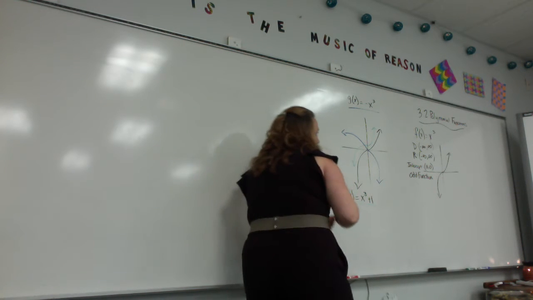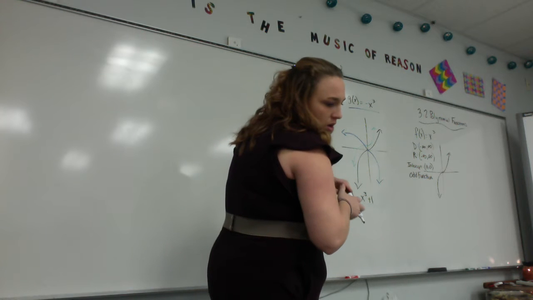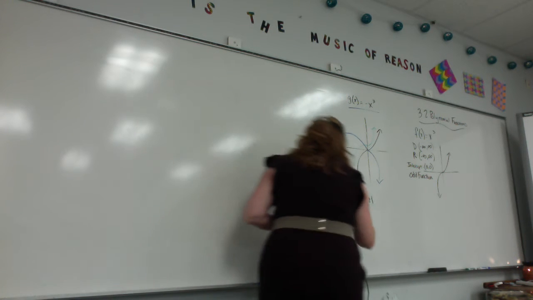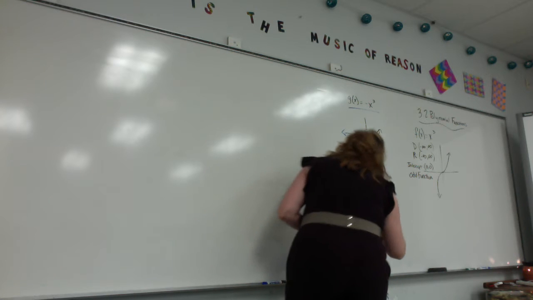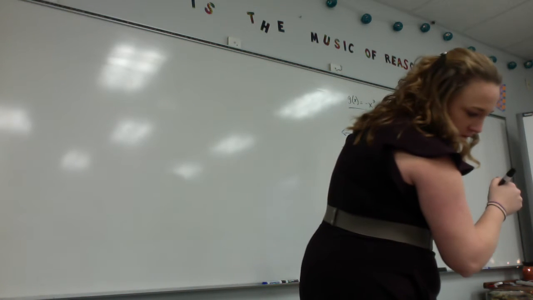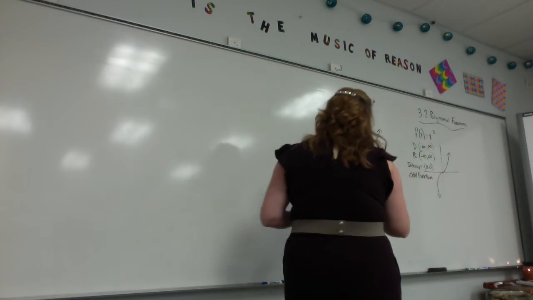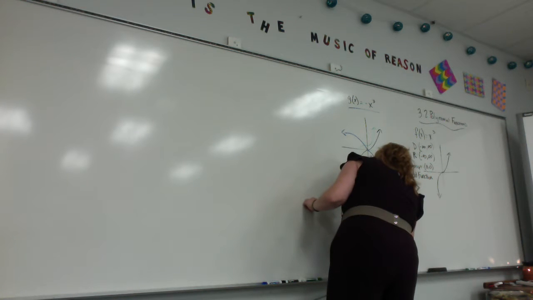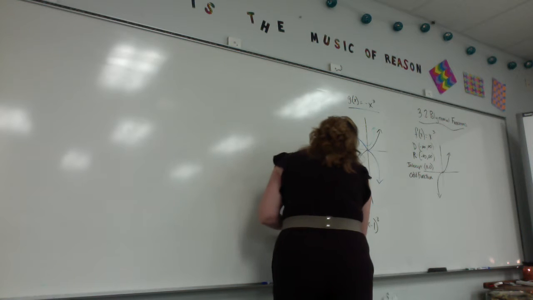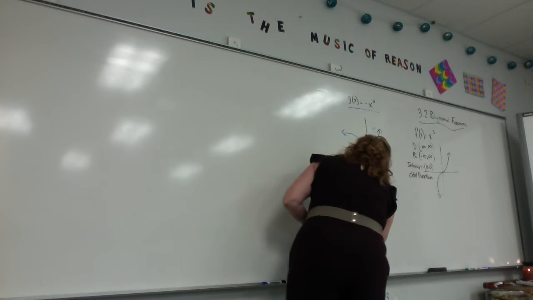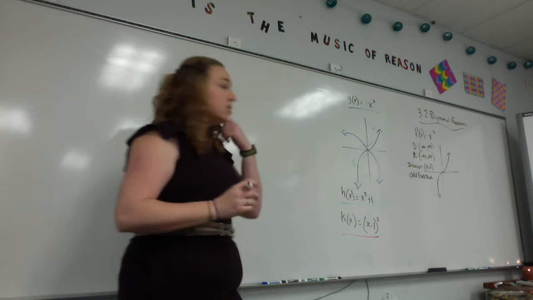What happens if I have a function like this, and then I have x minus 1 cubed? What does that function change to? What does that function look like?